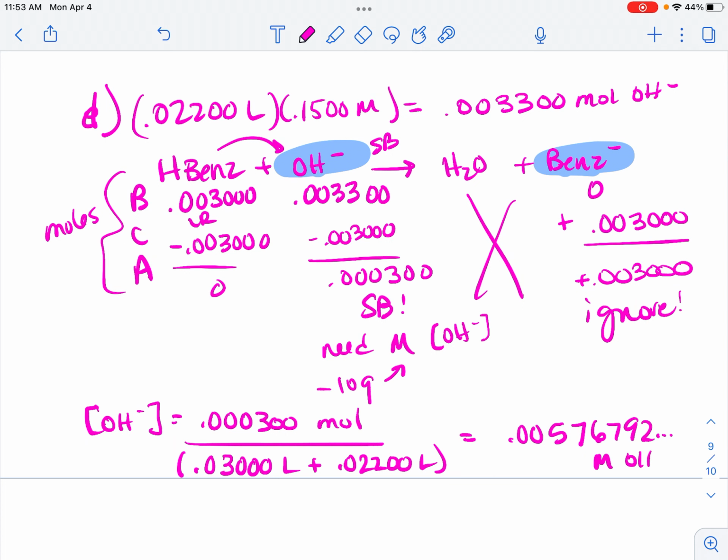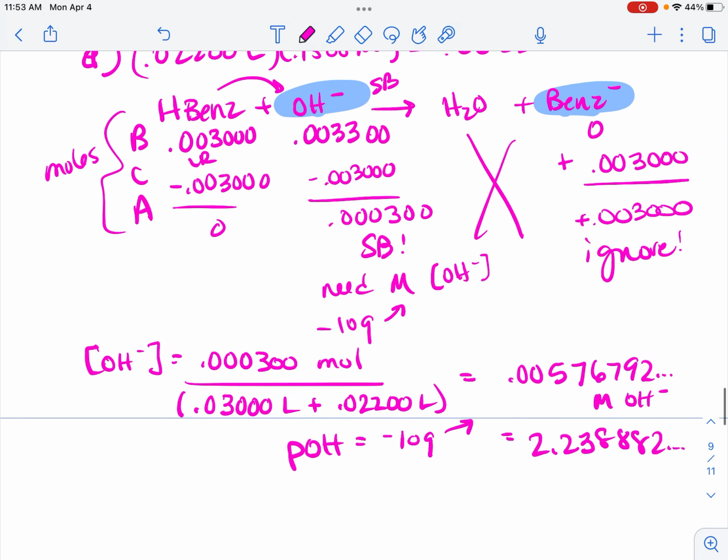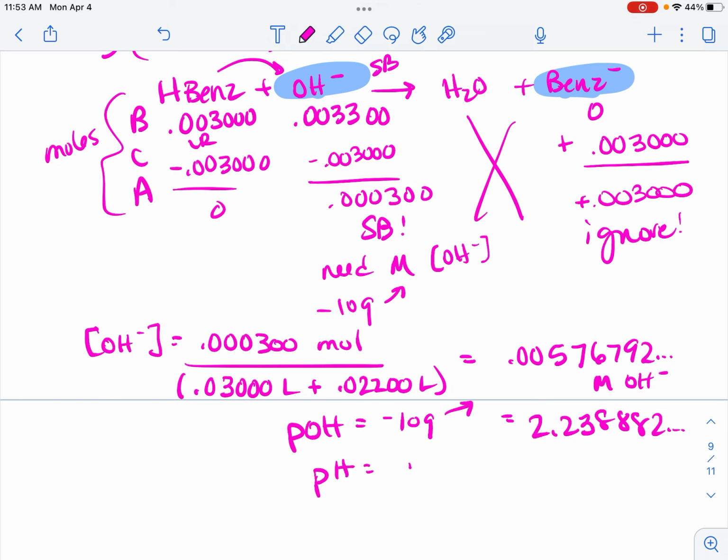So pOH will be the negative log of that excess OH minus, which is going to be 11.7, oops, sorry, I jumped ahead in my work. Will not be 11, will be 2.2388882 more numbers. pH will be 14 minus that, which will then be 11.76111179.